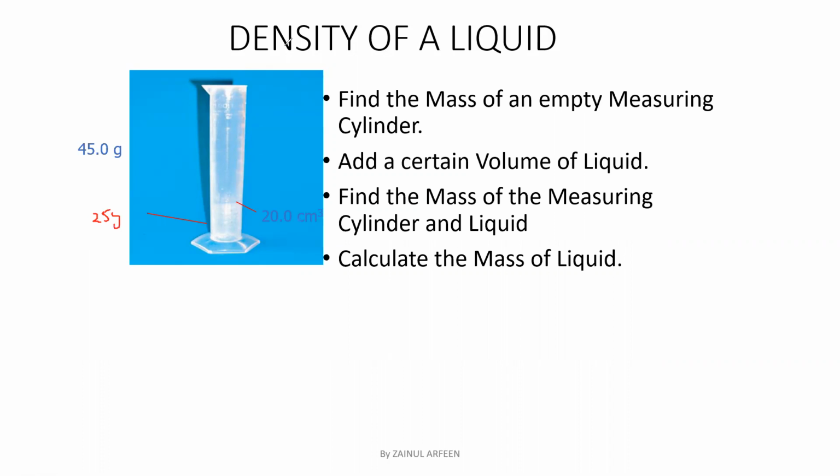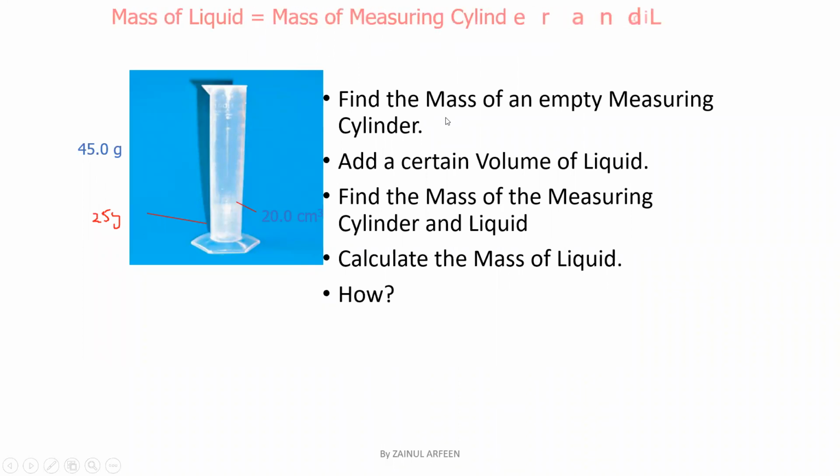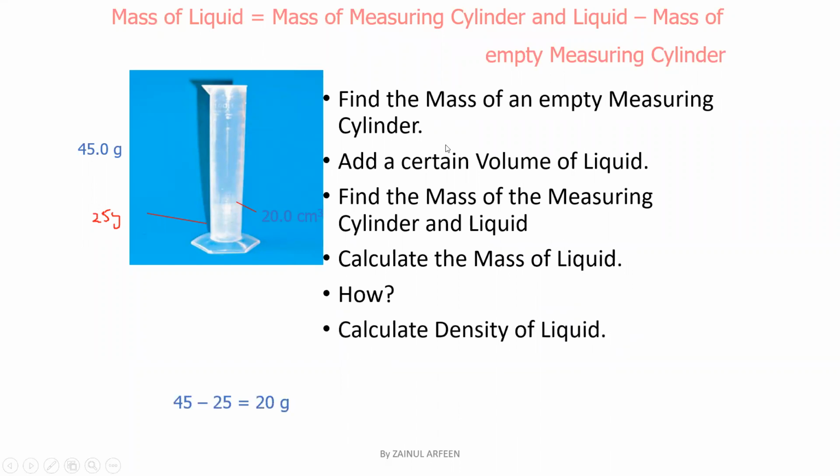When we calculate the difference, the mass of the liquid will be equal to the mass of the measuring cylinder and liquid minus the mass of the empty measuring cylinder. In that case it will be 20. Then how do we calculate the density? We have the mass and we have the volume. So mass divided by volume, we will get the density.